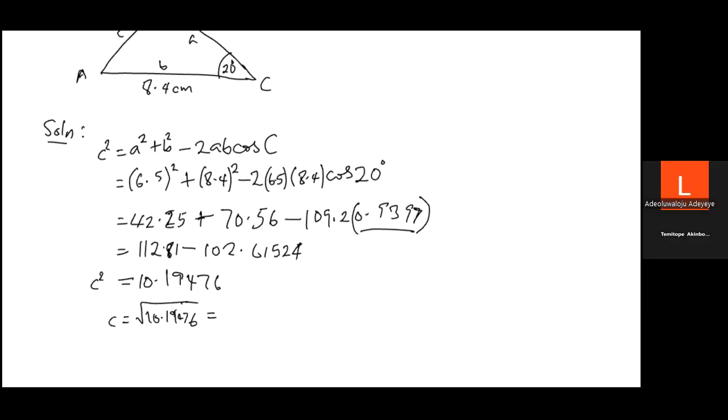That gives 3.1929. Therefore, C equals 3.2 centimeter. 3.2 centimeter.